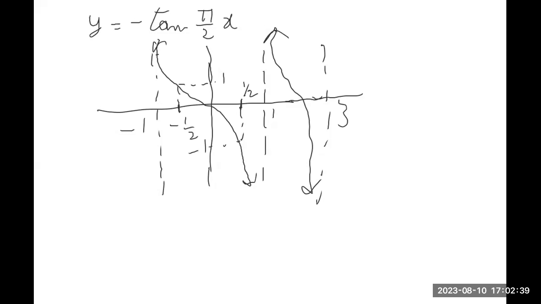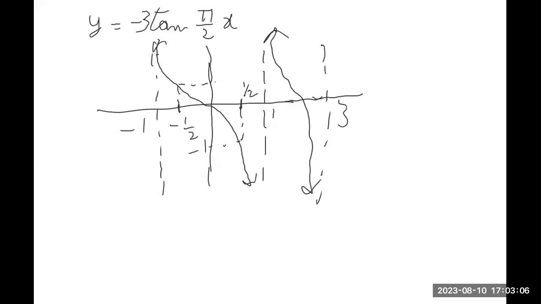If you had a constant other than 1 in front, the stretching factor, let's say -3 tan pi over 2x, the only thing that will be different is the y coordinates. Instead of being 1 and -1, they will be 3 and -3.